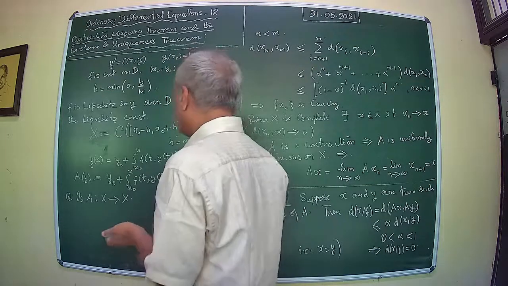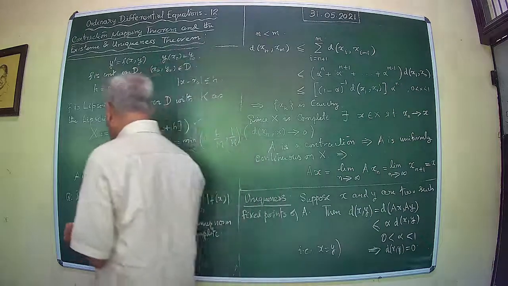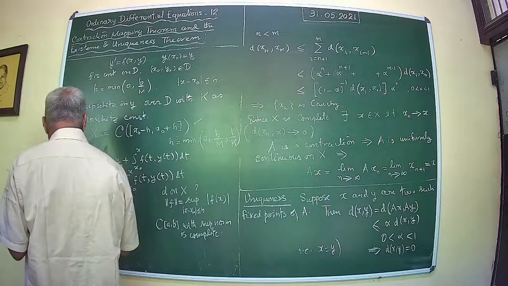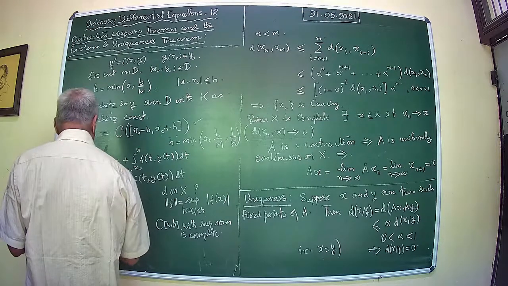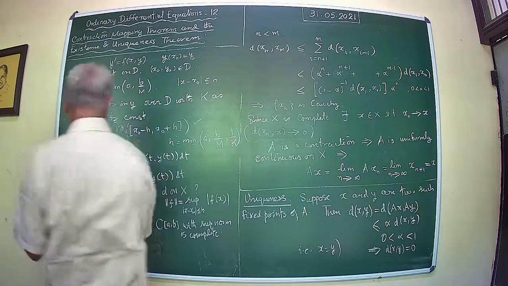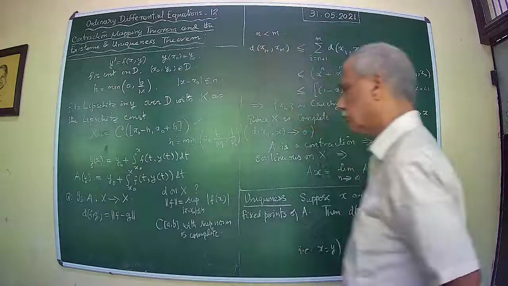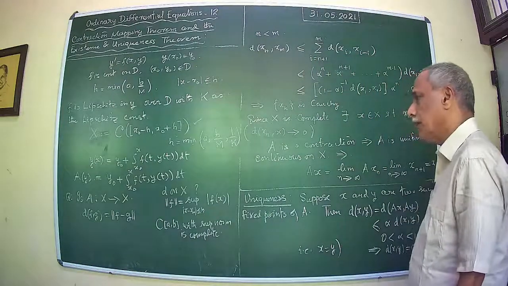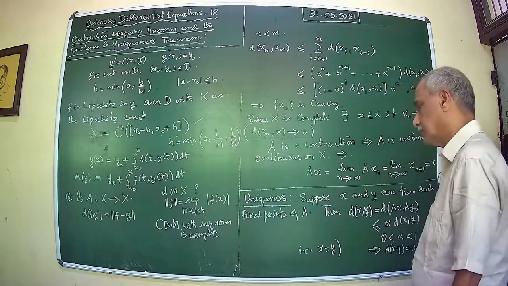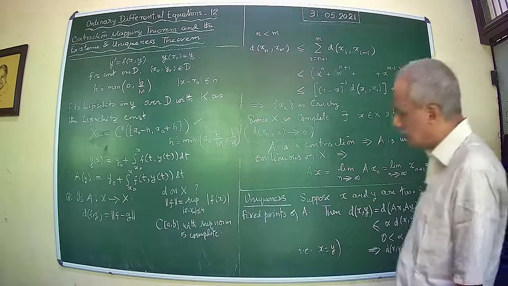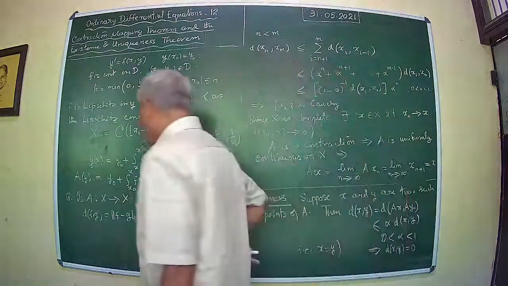The norm induces a metric. What is the metric? D of phi, psi, that is the metric. So X with D is your metric space. It's a complete metric space.